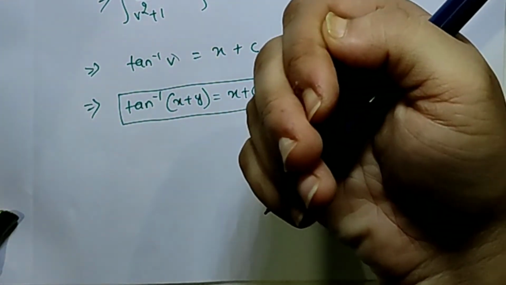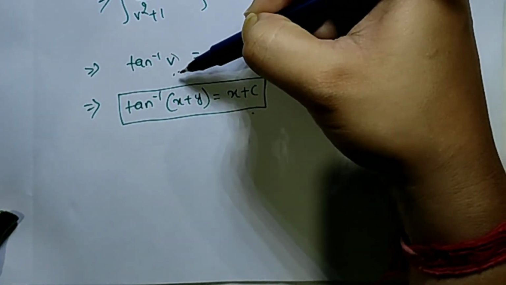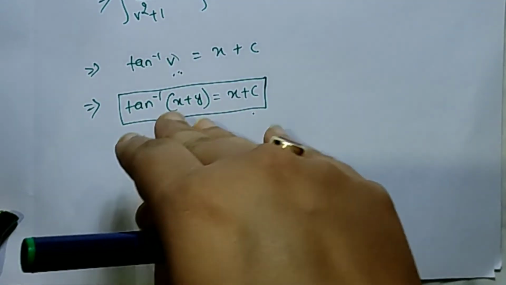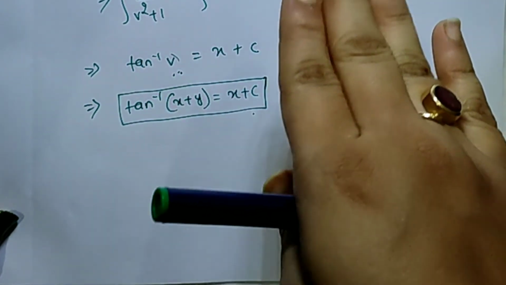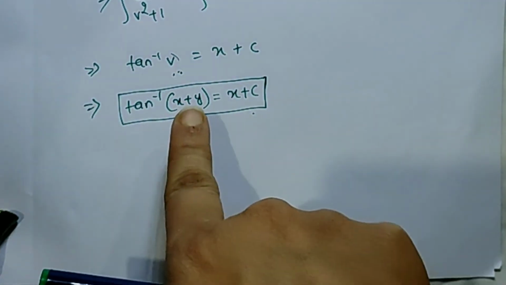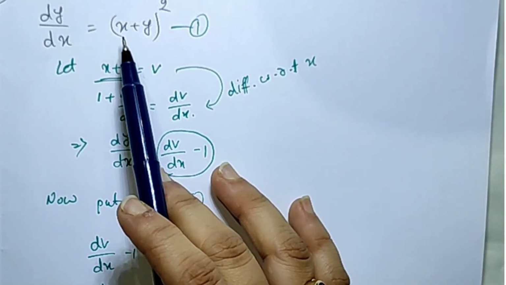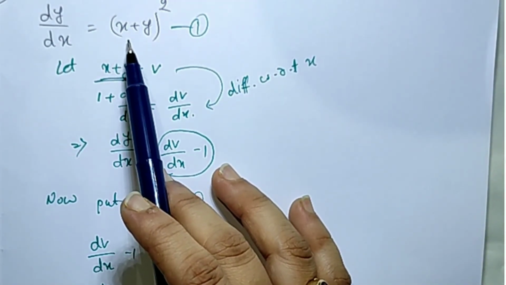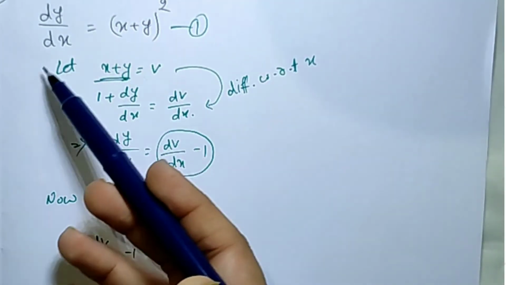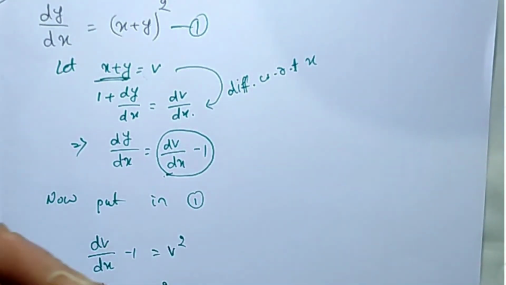We already know that if we use a substitution, at the end of the solution we have to do the back substitution to find the answer. Okay, so what did I do? If x plus y is a non-separable function, we can't separate x and y. If we can separate, then we separate y on one side and x on the other side.